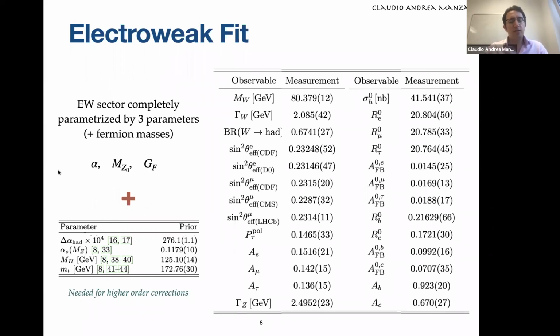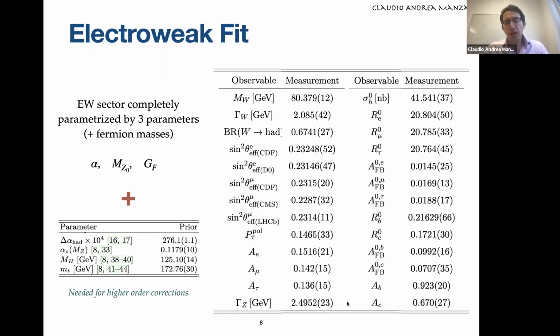And then, in order to account for higher order corrections, one has to include further parameters such as the hadronic running of the fine structure constant, alpha strong, the mass of the Higgs boson, and the mass of the top. In general, here you can see the conventional set of observables, including the Electroweak Fit, which is the set of observables again with the smallest experimental error.